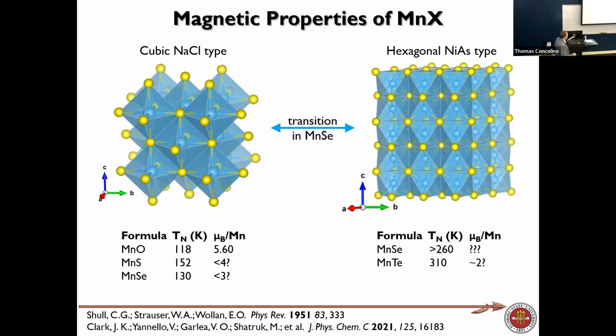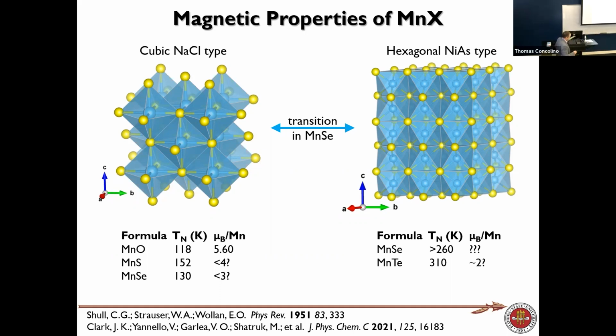In fact, manganese selenide hexagonal, when it forms, is already magnetically ordered, while manganese selenide cubic isn't. There are quite a few mistakes in the literature attributing the structural phase transition to a magnetic phase transition in manganese selenide, which obviously is quite a big blunder if you see that kind of statement.